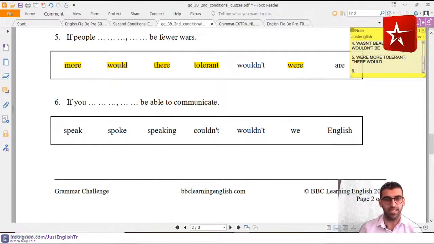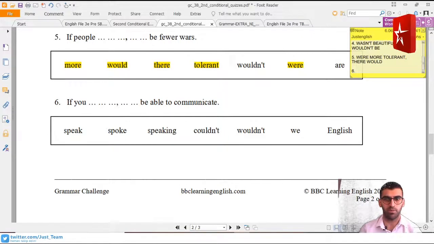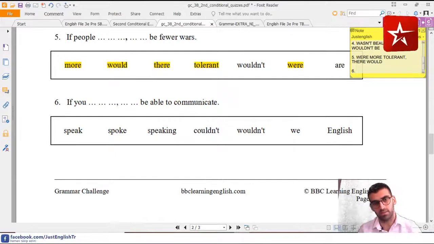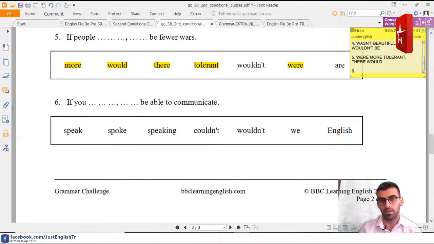Okay, guys, let's do number 6. The last sentence for this exercise. And if you blah blah blah be able to communicate. How can we make this sentence, guys?